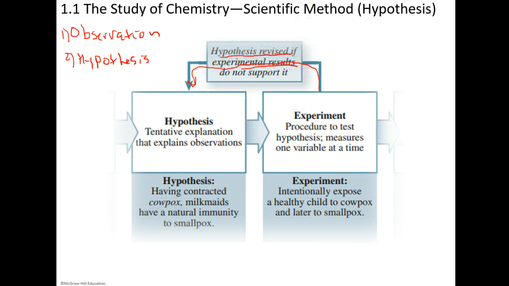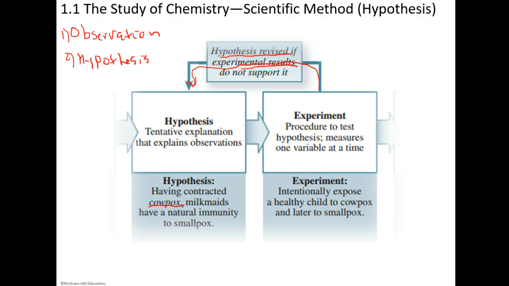Here is a tentative explanation of why milkmaids did not get smallpox: the milkmaids contracted what's called cowpox. Cowpox is a much, much milder form of smallpox. It's not really smallpox, it's cowpox, a much weaker form, and it really didn't kill people. I don't even think it killed cows, because cows had the cowpox. Cowpox usually shows up on the udders of cows.